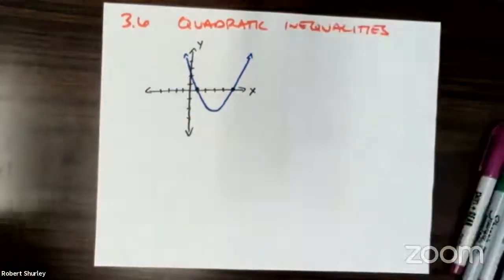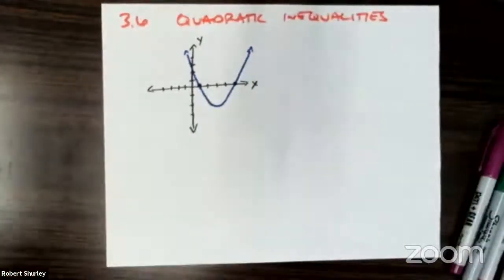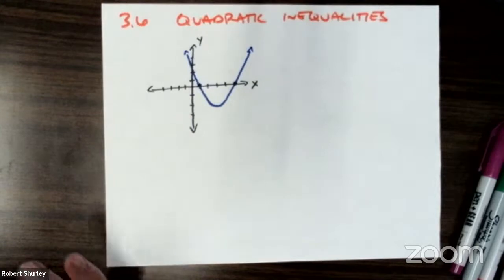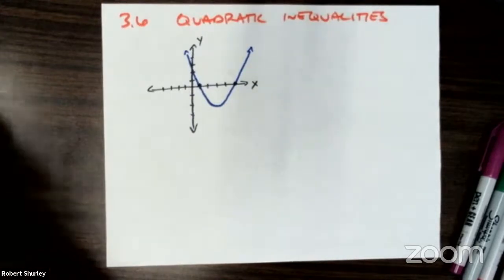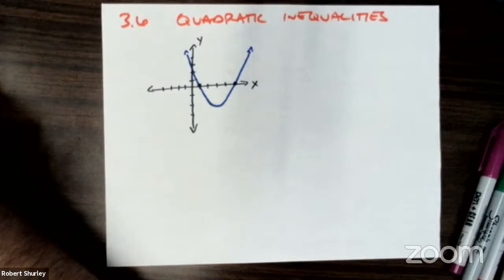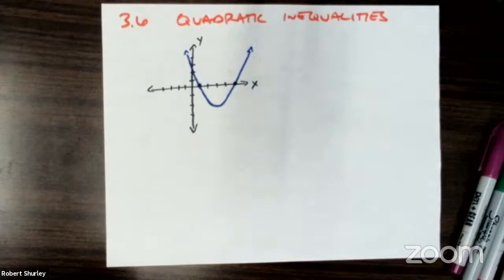Your book really emphasizes the x-intercepts, and it calls them the boundary points. So you'll hear me say boundary points too. It's a good way to think of the x-intercepts in this section as boundary points.